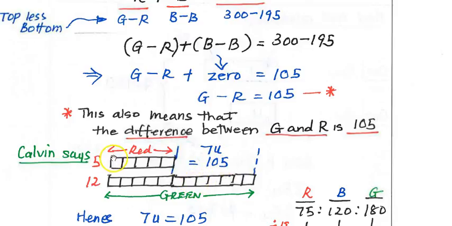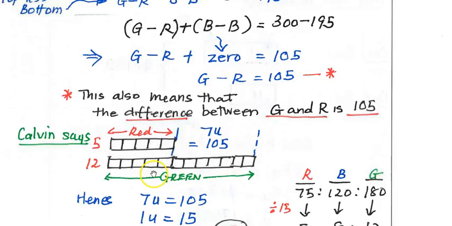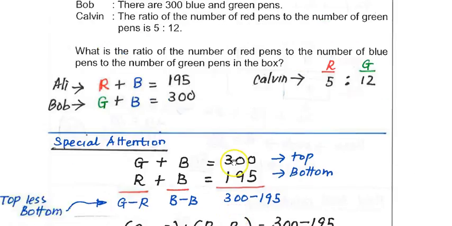What is important and interesting is, let's take a look, the relation between R and G. G and R, which is same as R and G, right? The relationship is 5:12. Let's take a look on top at what the question says.